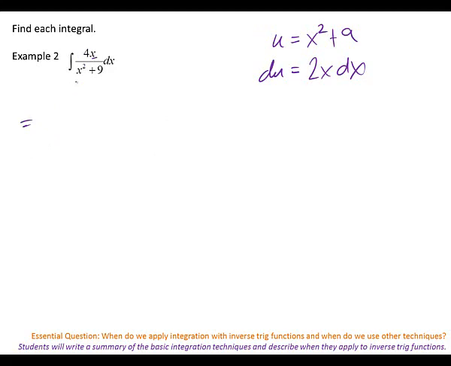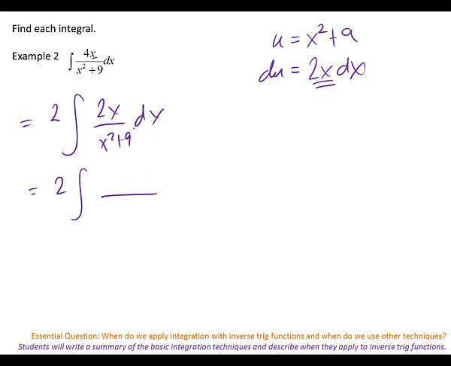Let's rewrite that. Isn't that the same as saying 2x over x squared plus 9? I just took the 4 apart, right? So do I have the 2x? Yeah, so I'm just going to use the straight u sub here. So I'm going to put what in for the x squared plus 9? U. For the 2x dx, I'm putting in du.